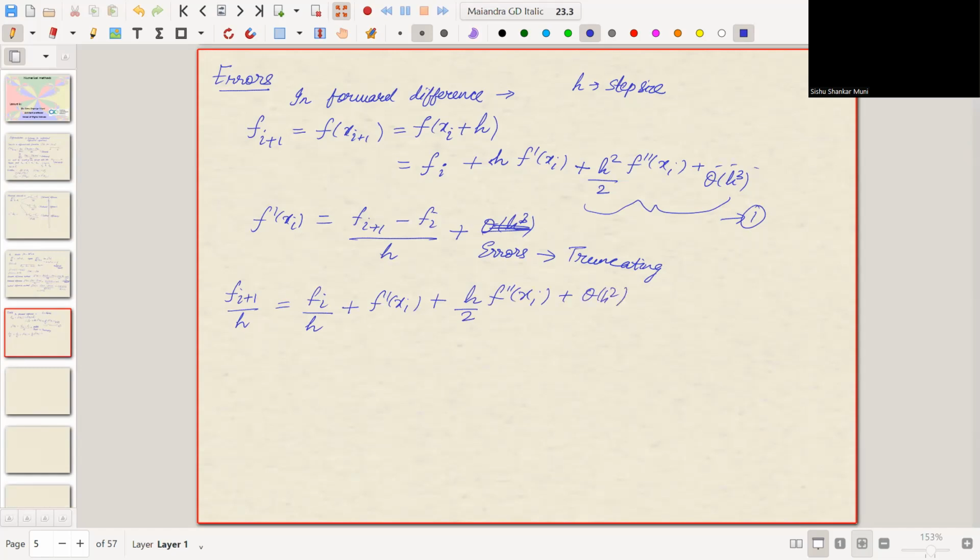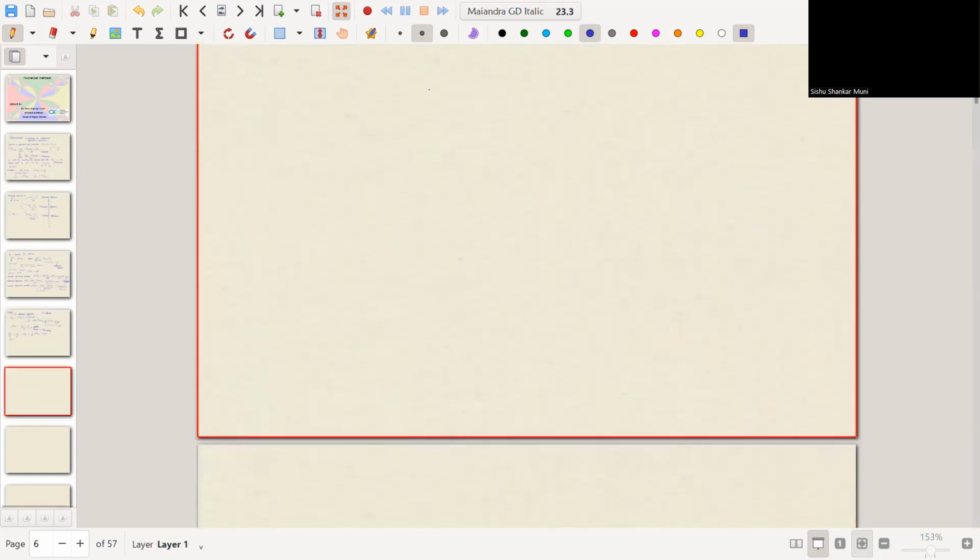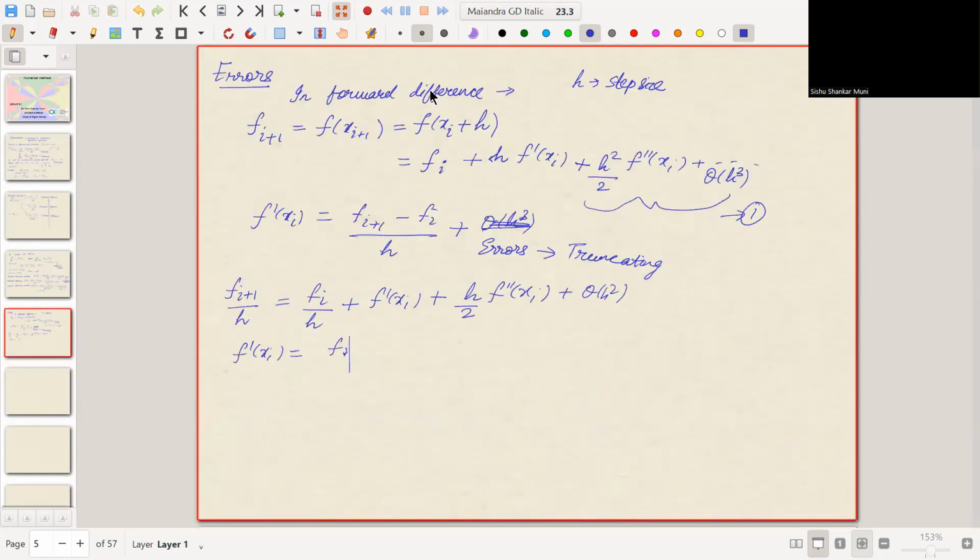Now if I want f dash of x i, I have to do f i plus 1 minus f of i by h, then minus h over 2 f double dash of x i minus order of h square, right?